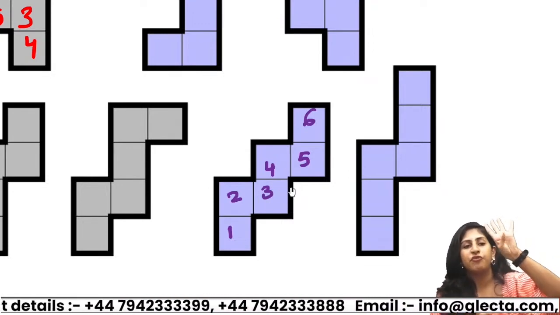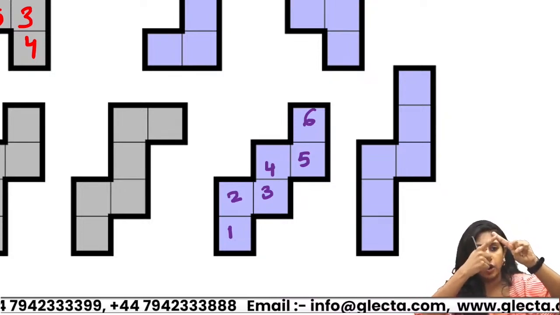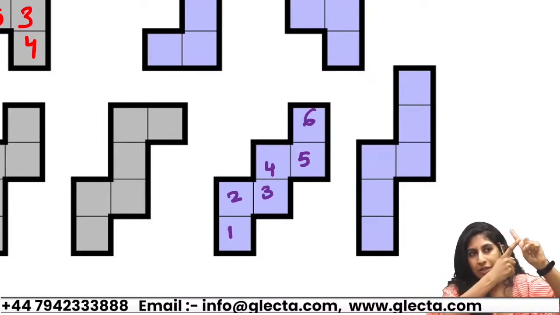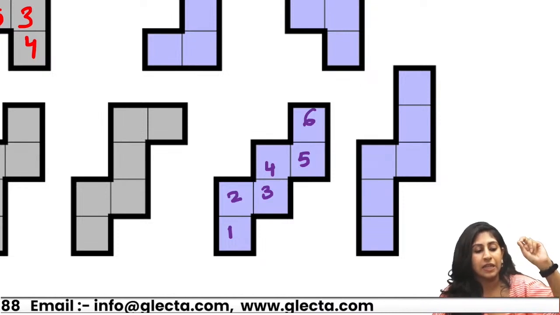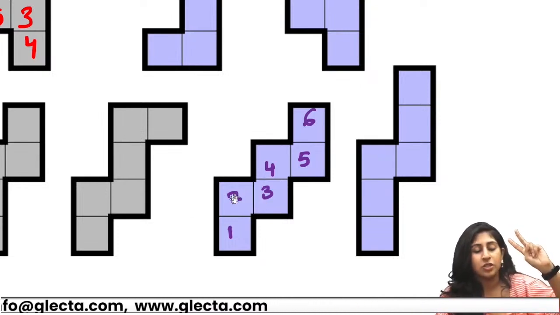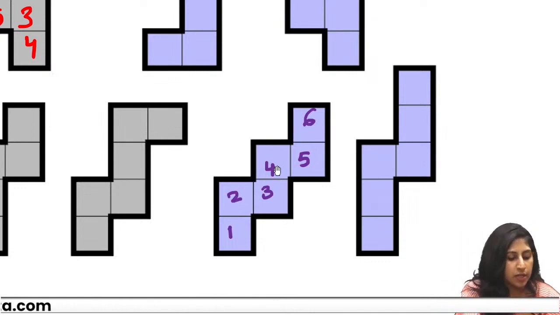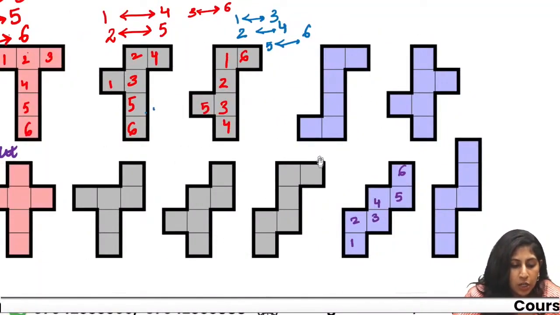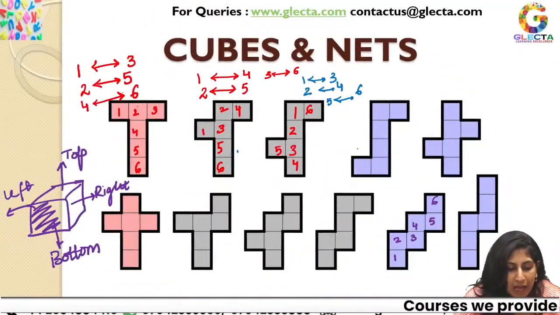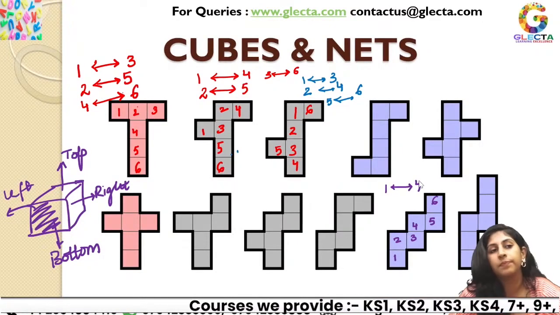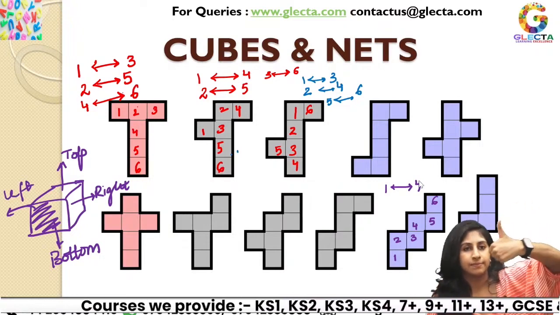So for 4, I cannot have 6, 5, 3, or 2. So technically, I'm left with one single option. The only opposite side that we can have for number 4 is 1. Did you guys get it?